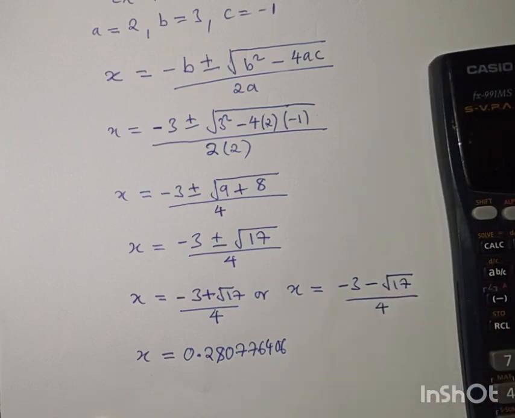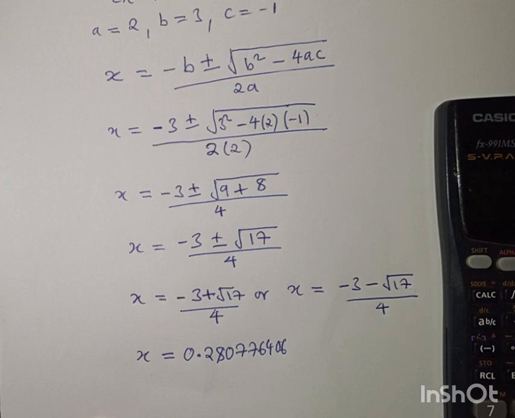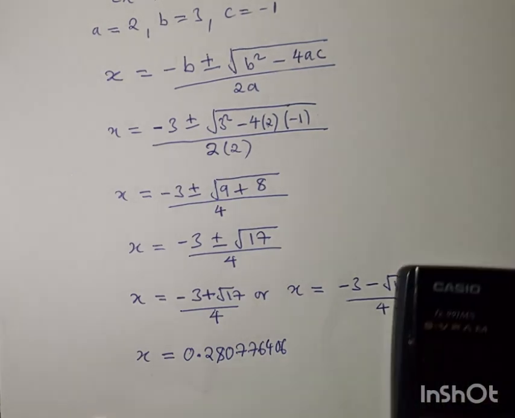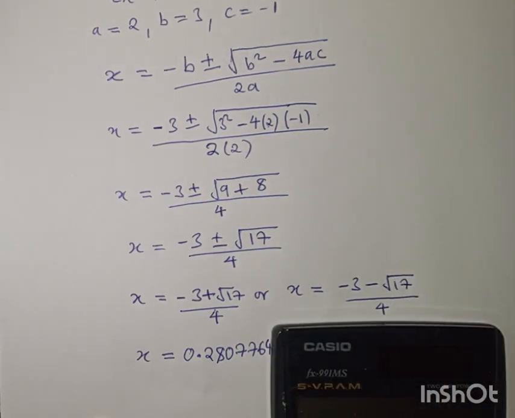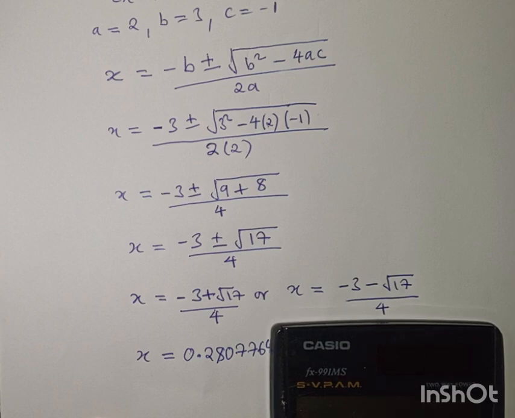Then we come to this one. Here we have minus 3 minus square root of 17. You work out what's on top first, then divide by 4.